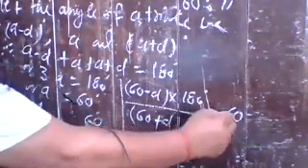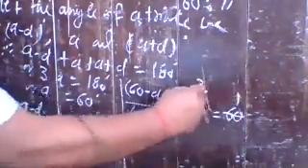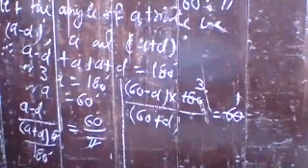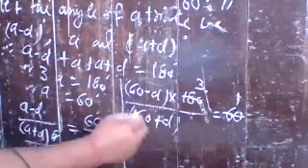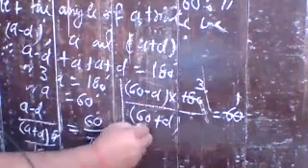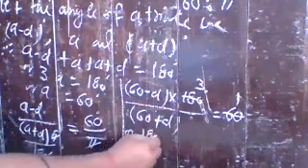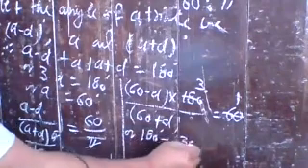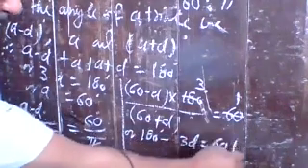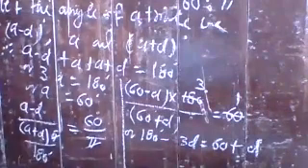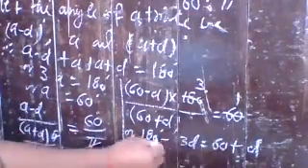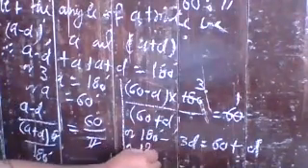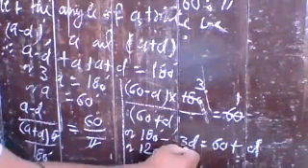Now cancel it: 60 with 60, and here you have 3 times. Taking cross multiplication, you can write 180 degree minus 3D is equal to 60 plus D, or 180 degree minus 60 degree, so you have 120 degree is equal to 4D.